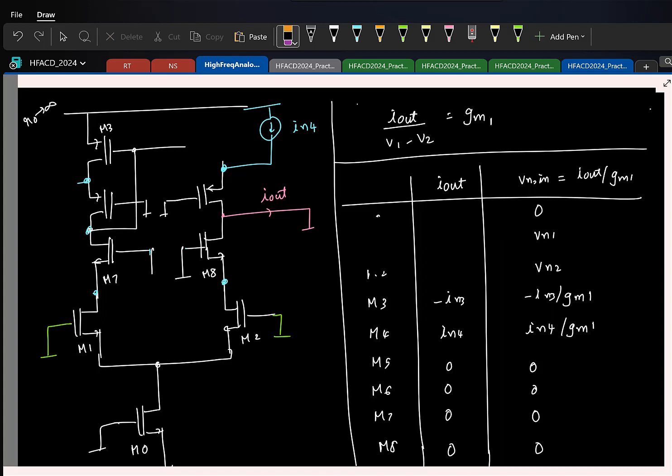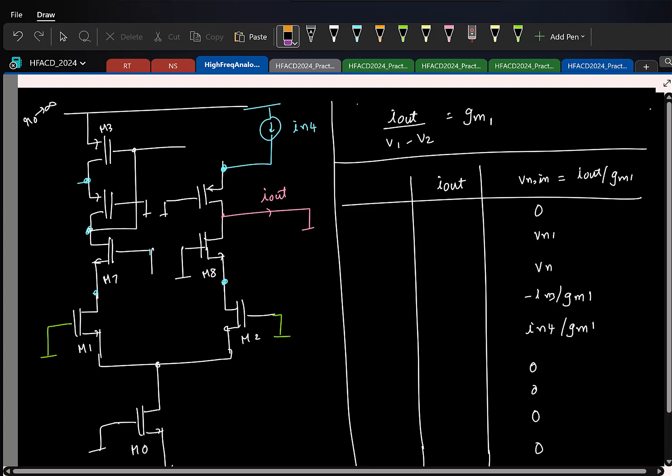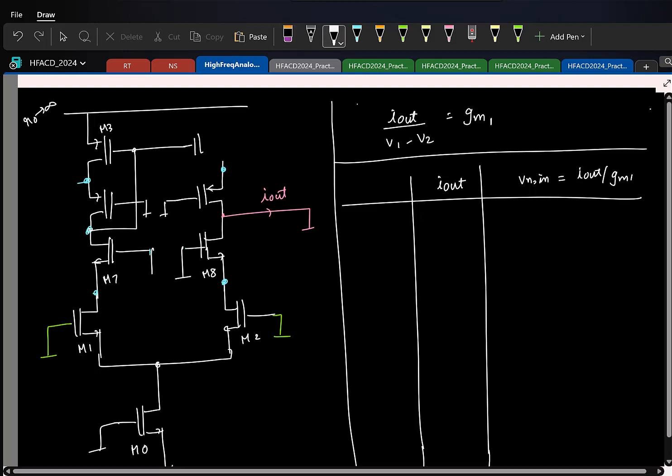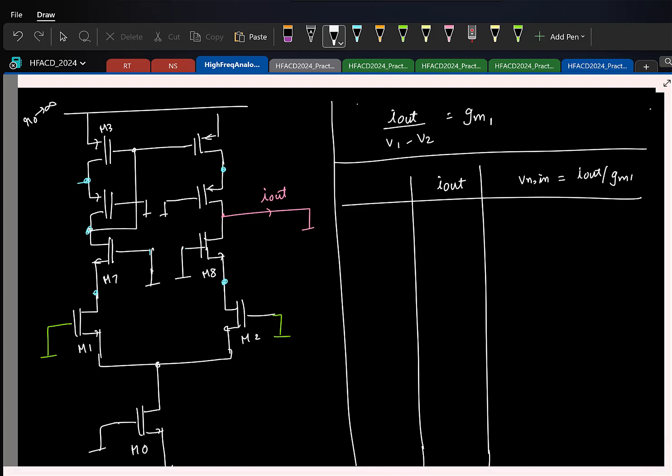So now we are interested in offset. Let me just erase this. So once again, we'll have offset now from what all transistors?